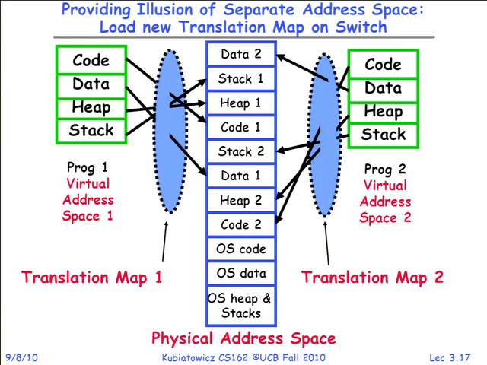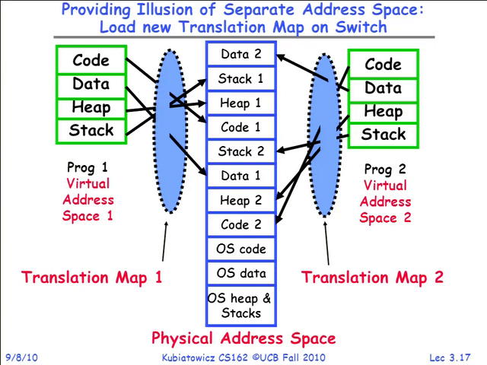What do we need to do with the translations? Store them somewhere else. Yeah, and? So somehow we have to make sure that when we switch from process 1 to 2 to 3 to 4, we swap in process 2's map and process 3's map and process 4's map.